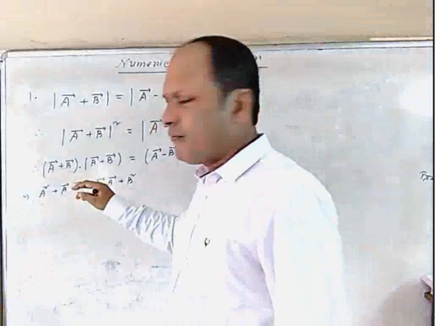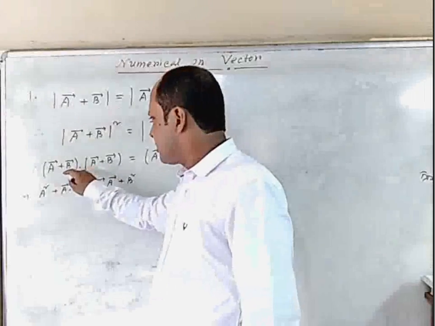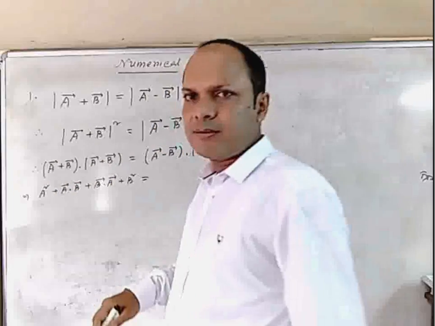That is vector B dot vector B equal to B square. Correct, Arpita. Very good, Arpita.